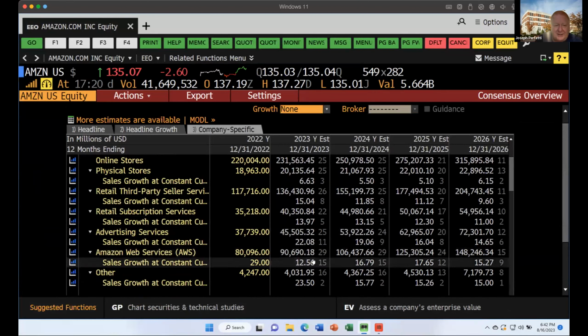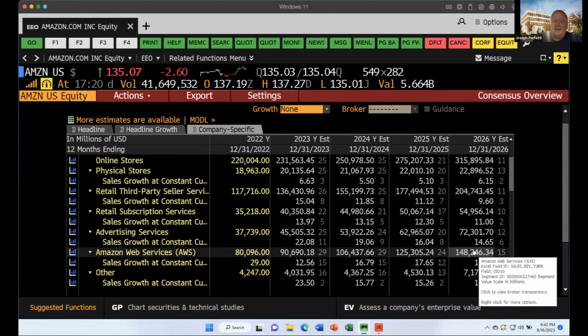Here's a projection for AWS revenue, and slightly below that is an AWS EBIT. So I got a growth rate, I got a revenue, and I got an EBIT for AWS. So tell me what else I would do. If I want to do a multiple analysis of Amazon Web Services versus the cloud business of Microsoft, how do I do that comparison of those multiples? Azure, AWS versus Azure multiple analysis.